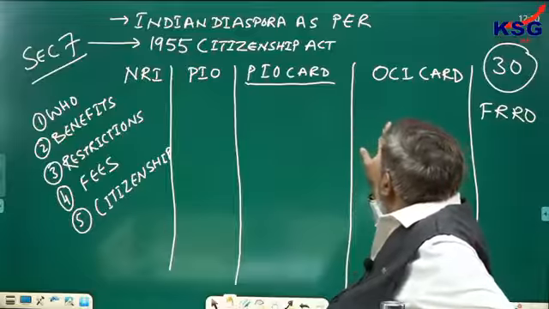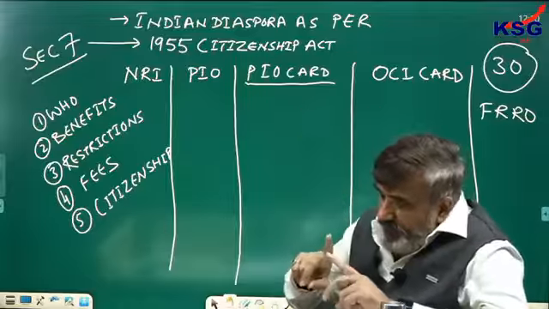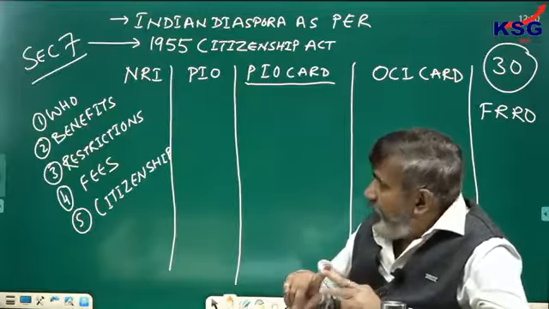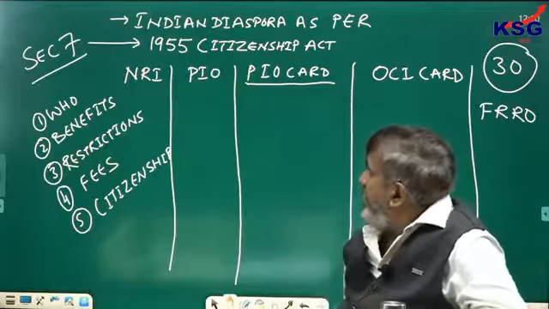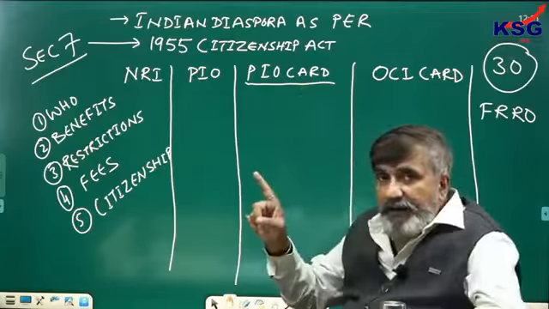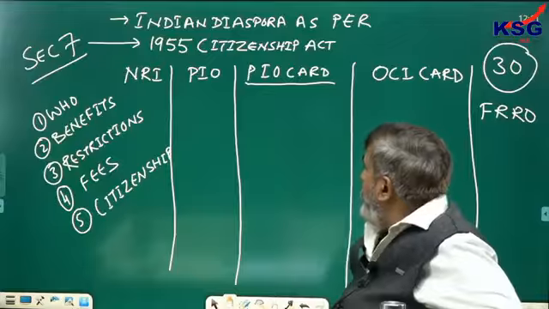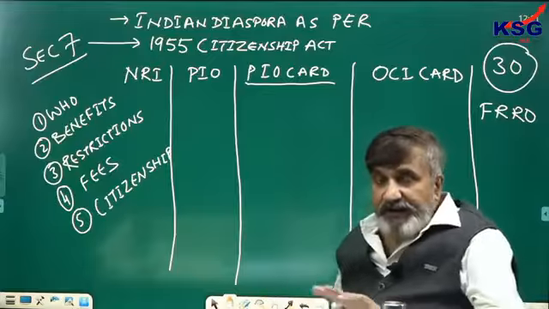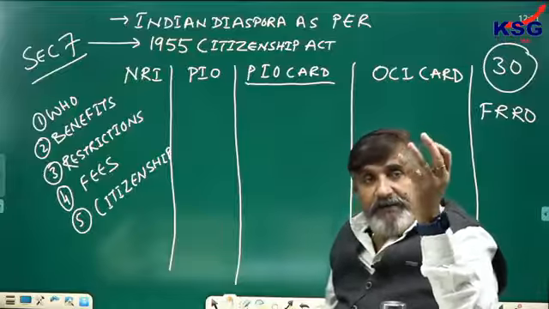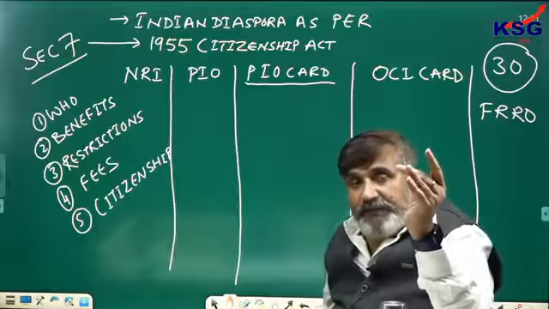Now, first benefit I talked about, second benefit I talked about. Now the third benefit, PIO card holders are held at par with NRI in three fields: educational field, financial field, and economic field.